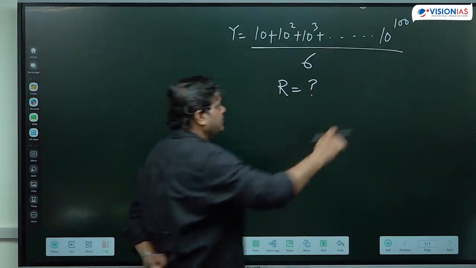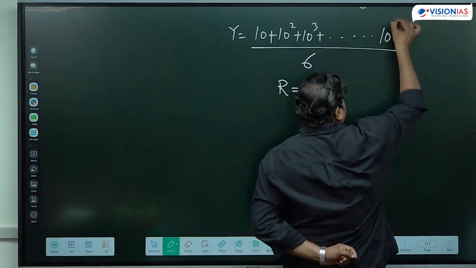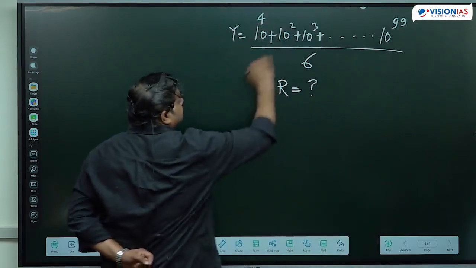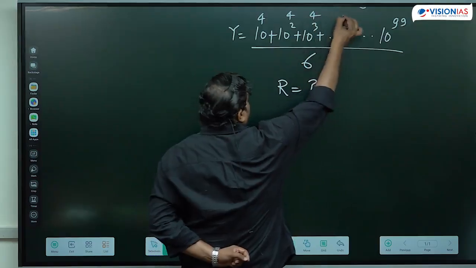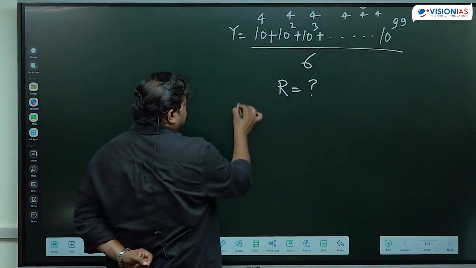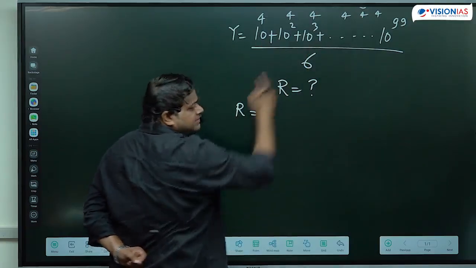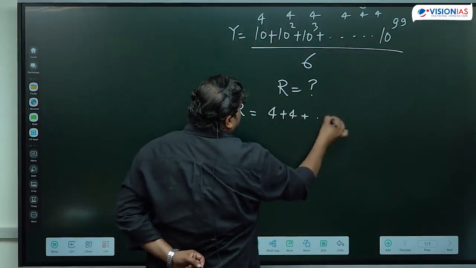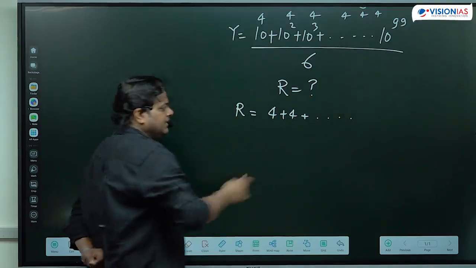So basically what we are going to do, suppose this was the first question, 99, remainder 4, everywhere remainder is going to come 4, 4 only. So the final remainder, remainders will get added, 4 plus 4 plus 4, how many times? 99 times.